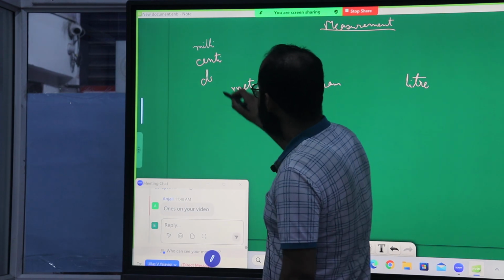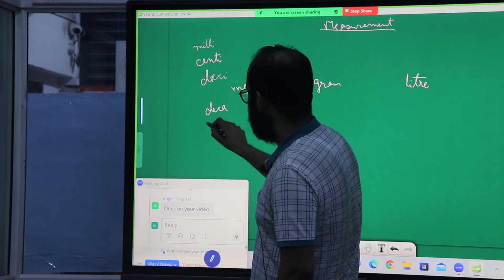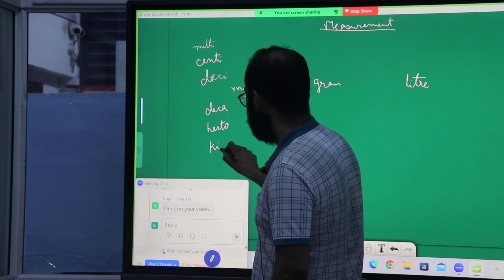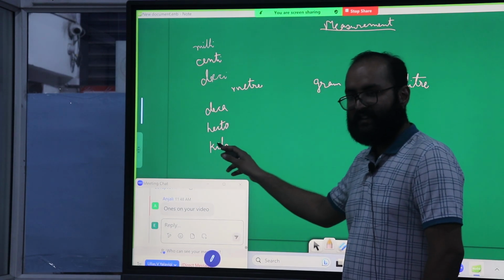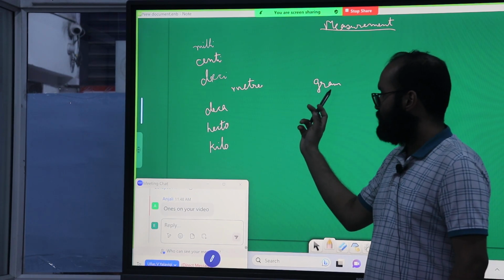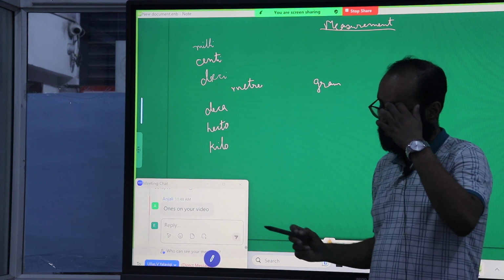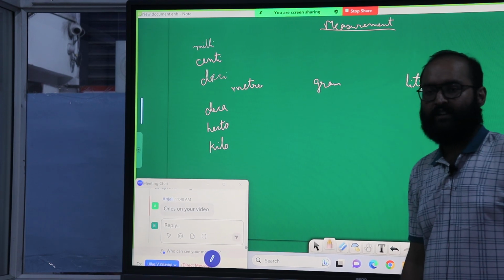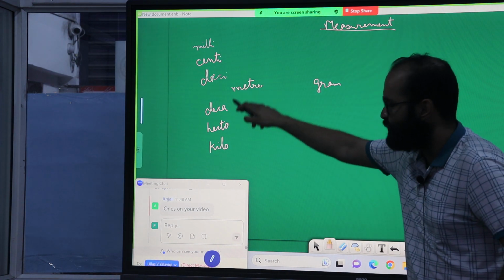Deci is small, deca is big. Above deca you have hecto, and above hecto, kilo. This applies to all three types of measurement. In gram you will find decagram, hectogram, kilogram, and smaller than gram you will find decigram, centigram, milligram. Similarly in liter also. You just have to add these words before them.